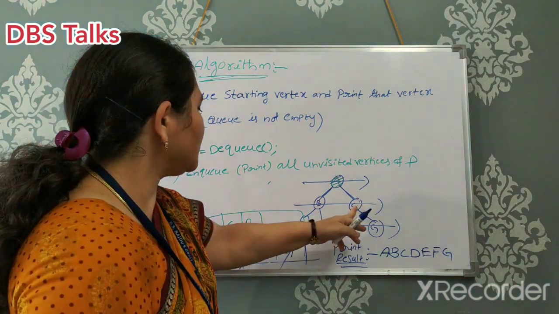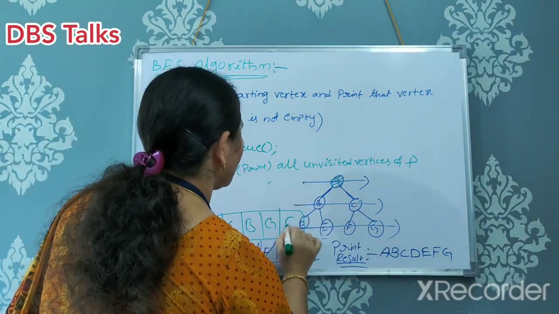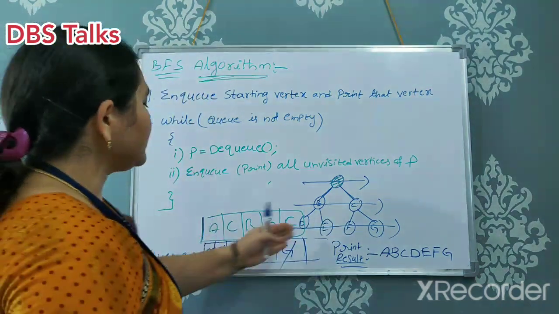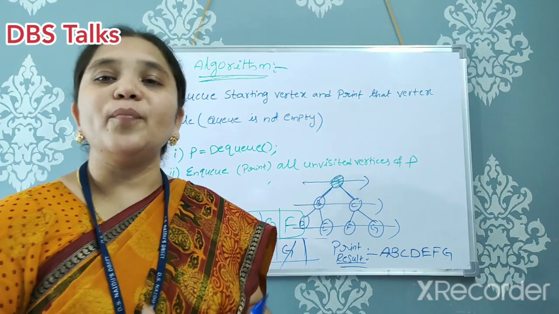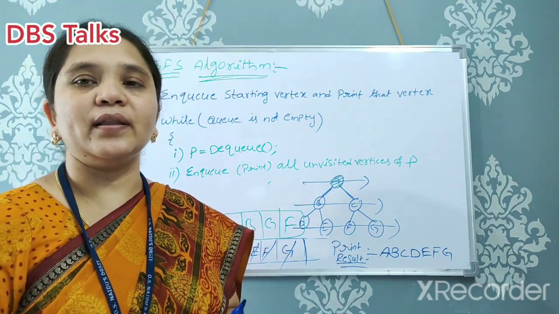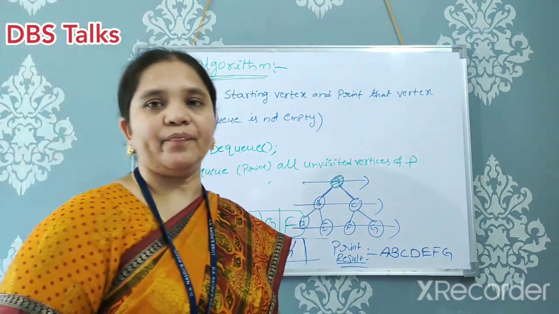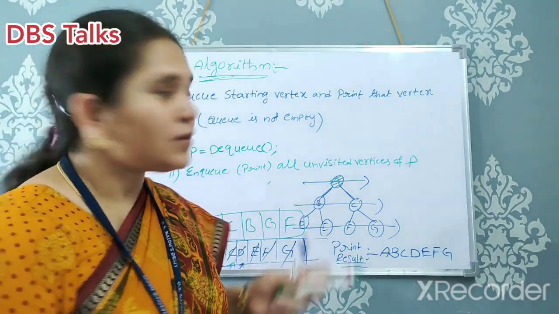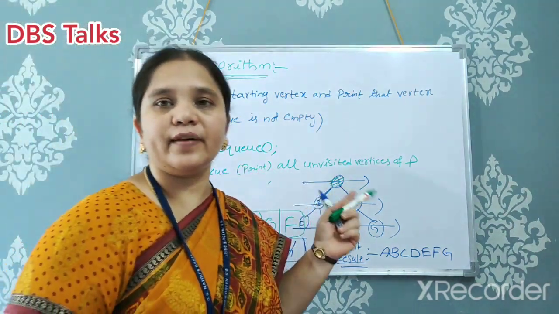Again C means F, G, and G, F also I can consider. Like this it will be a chain. That is the meaning of n number of ways you can implement breadth first search on a particular tree or graph. Have you understood? This is the small algorithm of how we can perform BFS.